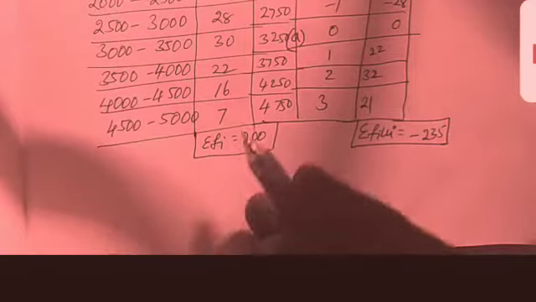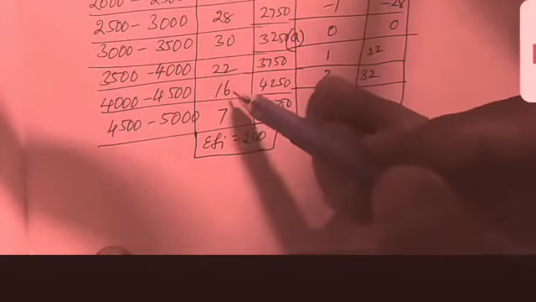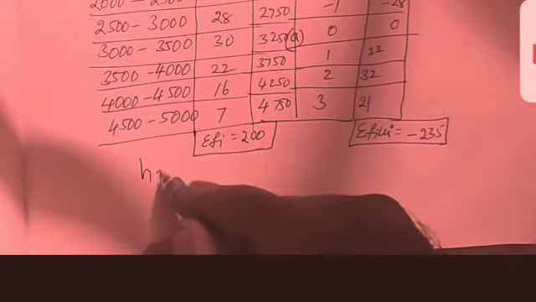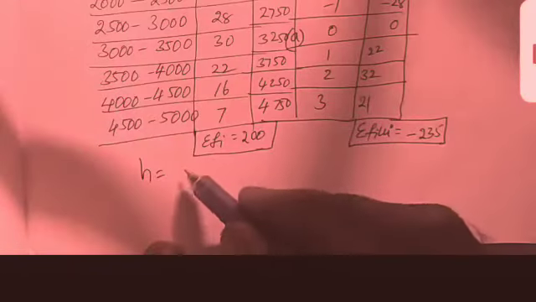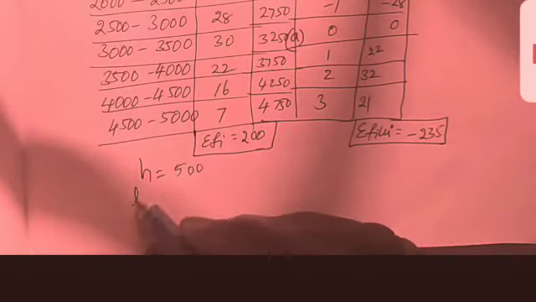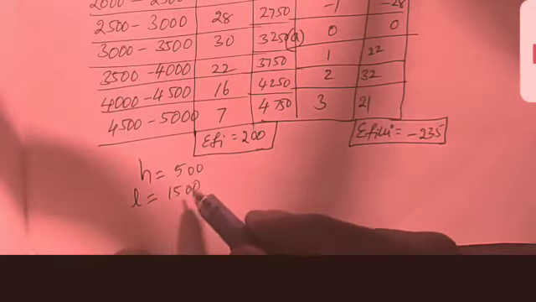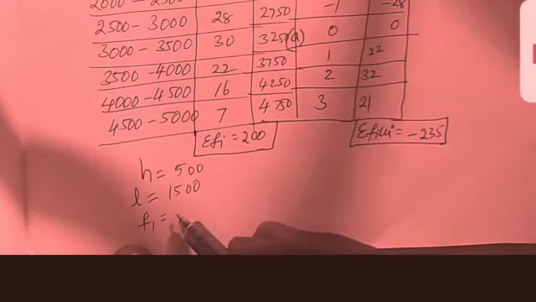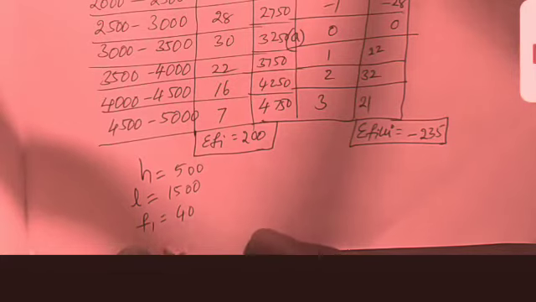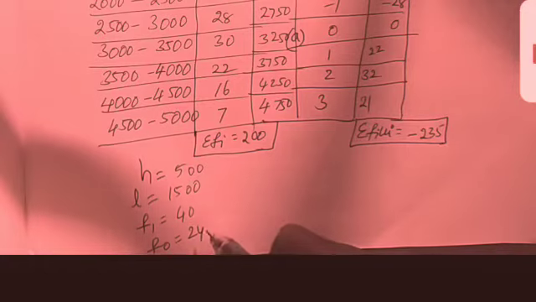First I write down the values for the formula to find the mode. The highest frequency is called F1, h equals the difference of two lower boundaries, that is 500, L equals 1500, F1 equals 40, F0 equals 24.